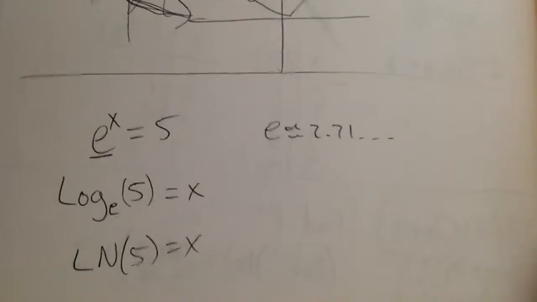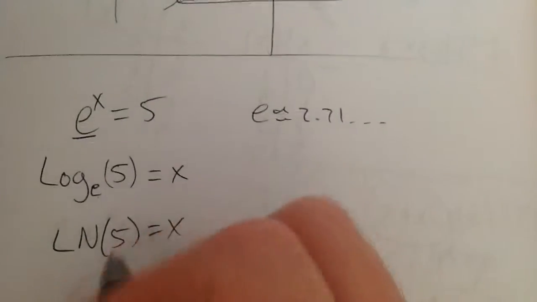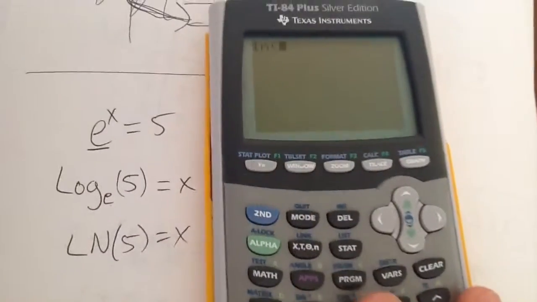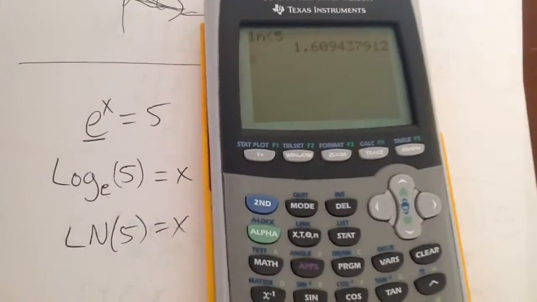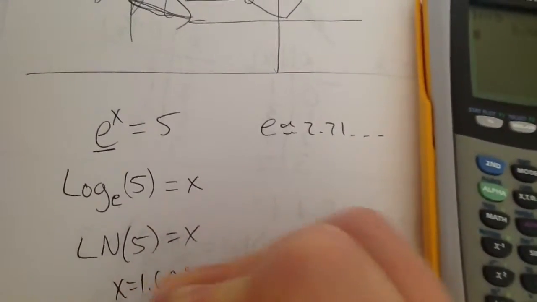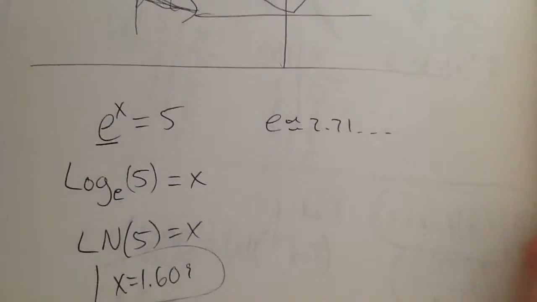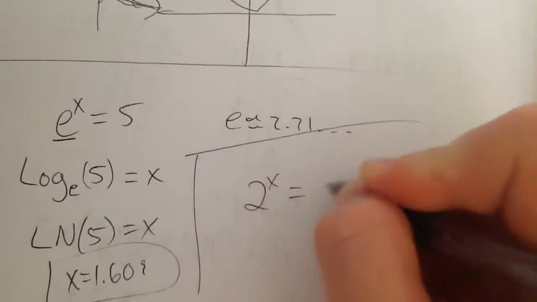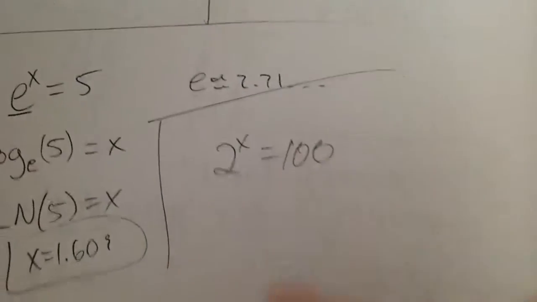Oh yeah, I was going to tell you about that. So, just finishing this problem, I just had another thought. Just finishing this, I can just push ln of 5, boom, I got my answer, 1.609. That's it. I mean, that's just the same thing as if you had 2 to the x equals 100, you would log it, right?